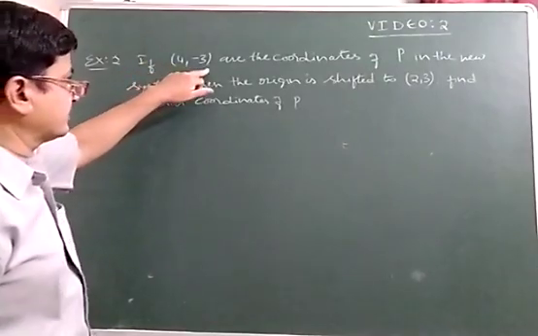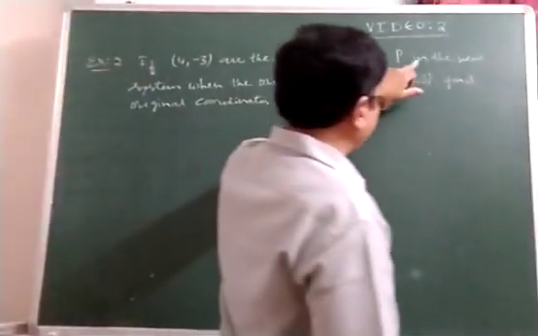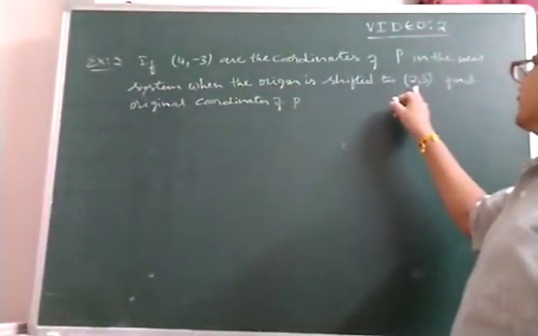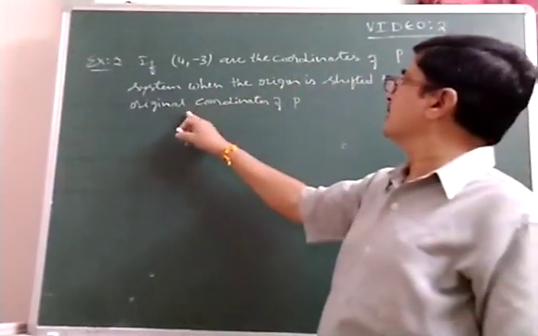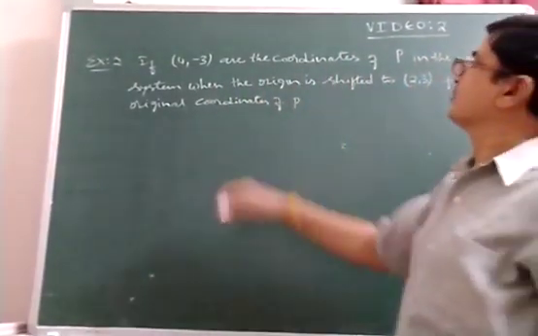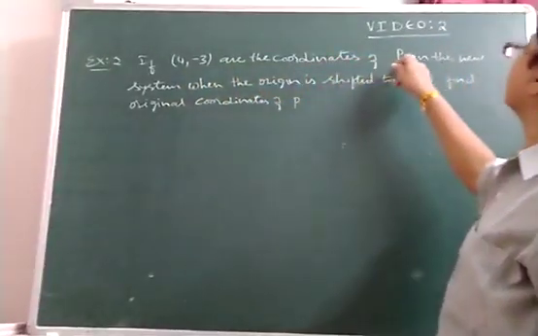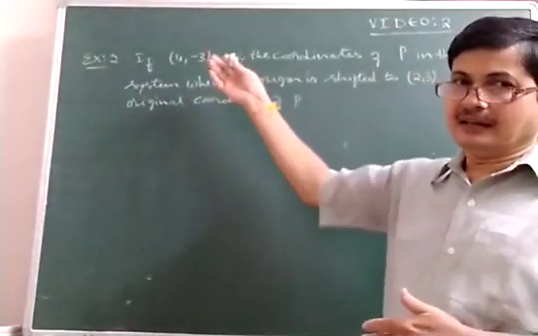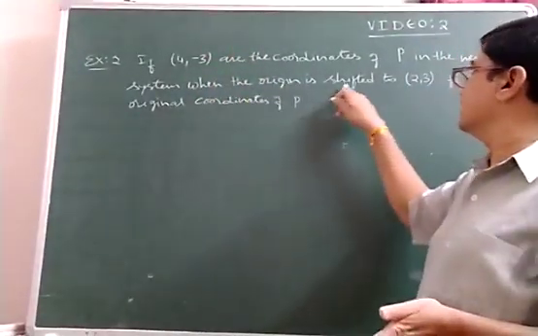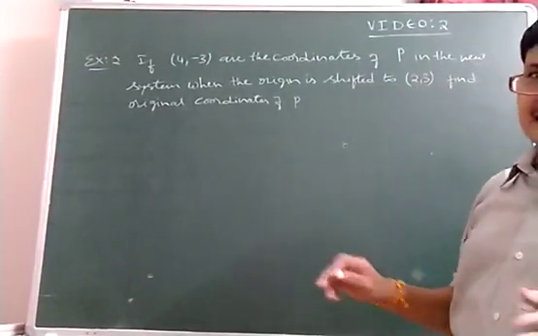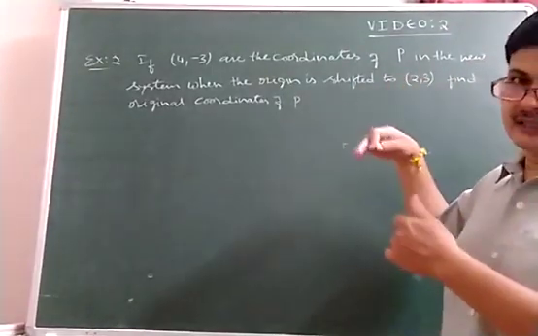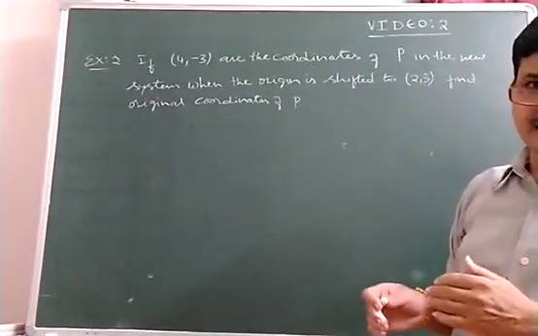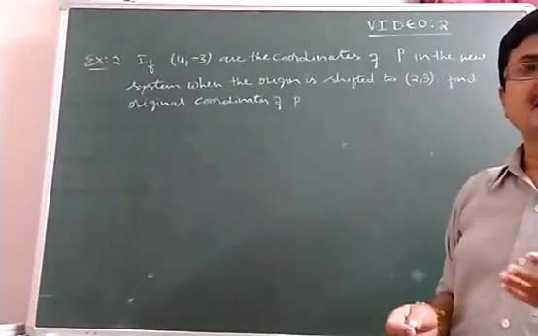If 4 comma minus 3 are the coordinates of P in the new system when the origin is shifted to 2 comma 3, find the original coordinates of P. That means these points are in the new system, capital X and capital Y, and 2 comma 3 is the new origin, that is h comma k. We want to find the original coordinates, small x and small y.